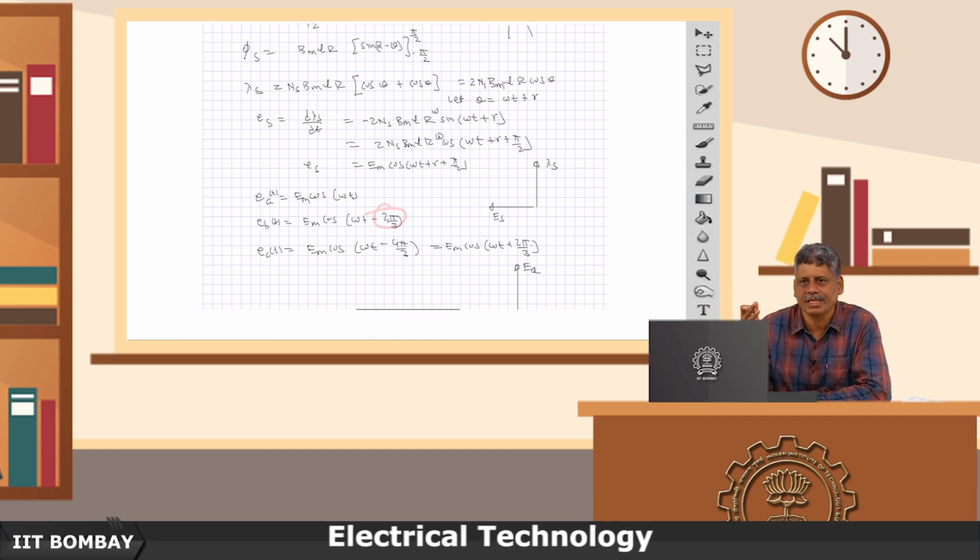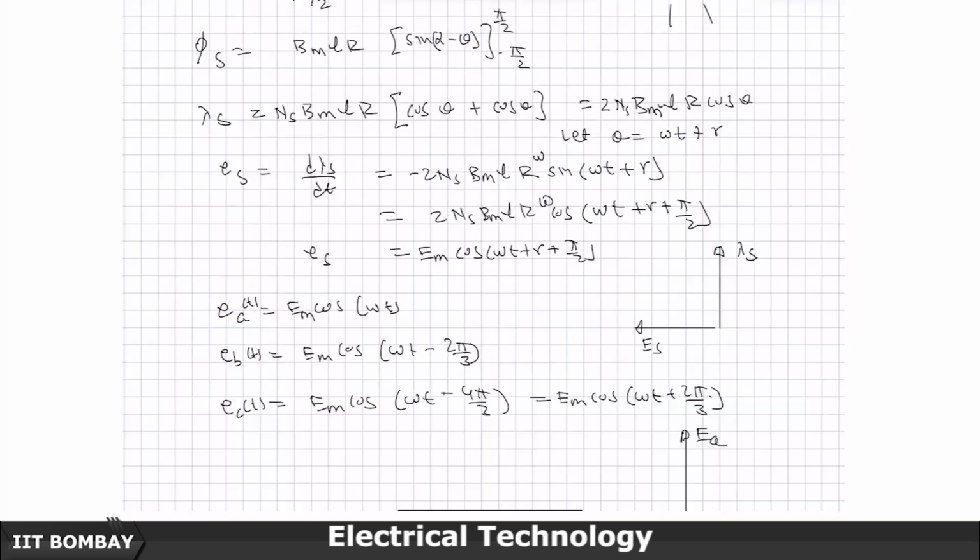Whatever is happening in the A phase voltage, the same thing will happen T by 3 time later in the B phase, and 2 T by 3 time later it will be seen in the C phase. Therefore, you get an angle of minus 2 pi by 3 and minus 4 pi by 3, and the 3 phase synchronous machine is a balanced machine.